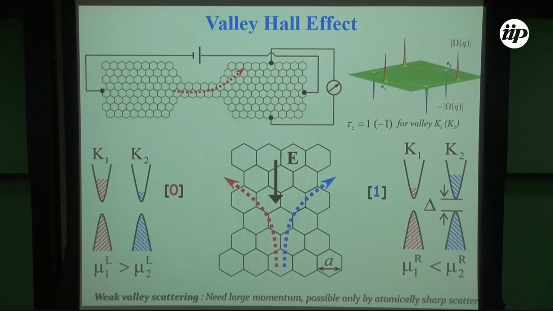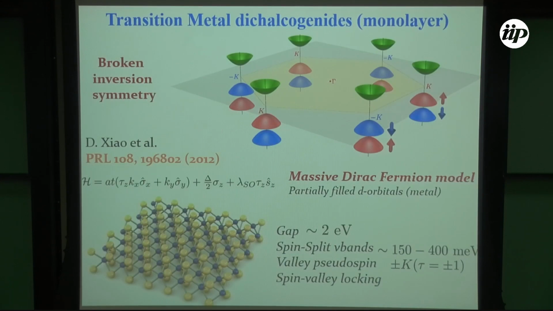So the discovery of the properties of TMDs at a single monolayer level has actually been more efficient to move forward to the control of valley index. In this case there is broken inversion symmetry, and we have massive Dirac fermions, so parabolic bands.